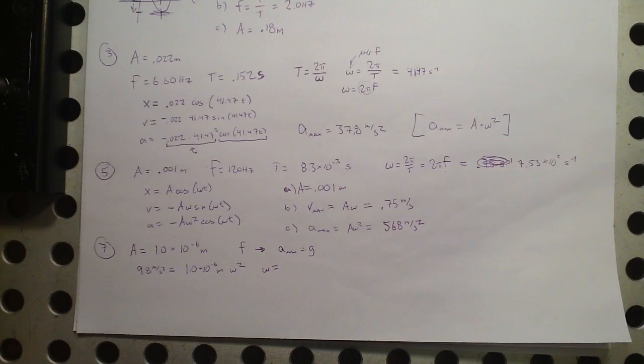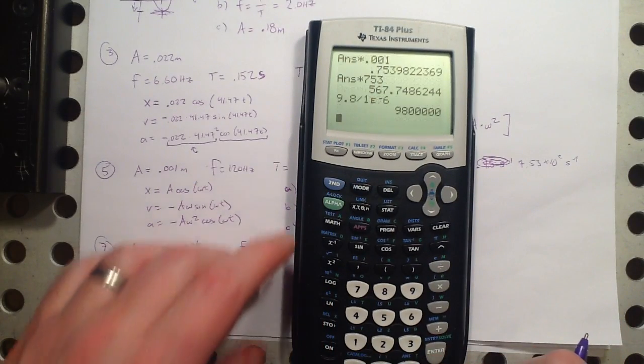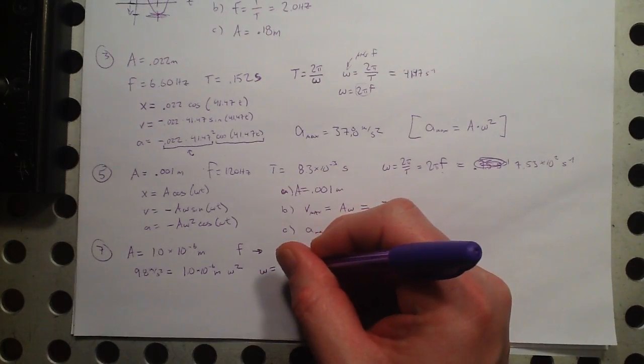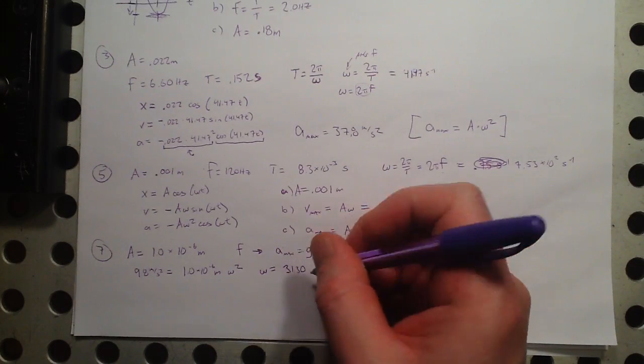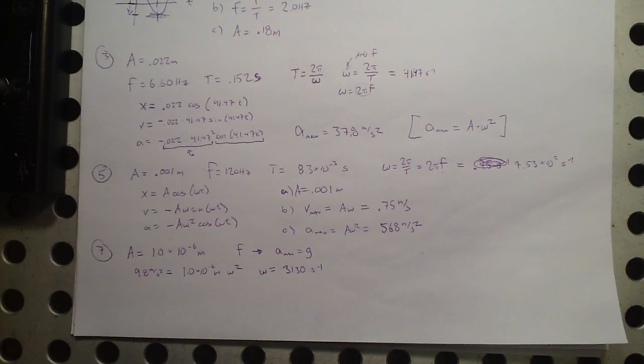So 9.8 divided by 1 times 10 to the negative 6, and then I'm going to take the square root of that answer. That gives me an omega of 3,130 radians per second, or inverse seconds, because radians are a ghost unit.